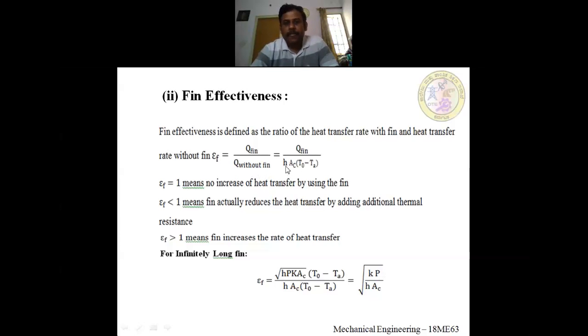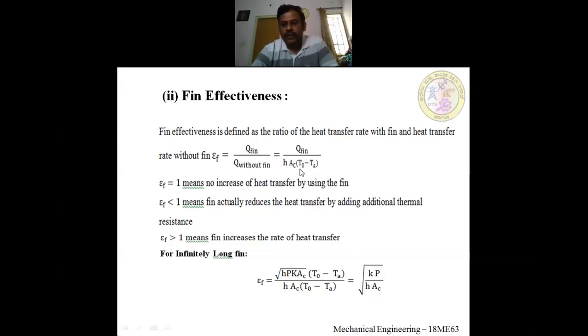The fin attached to the base surface has a cross-section area, which we have taken as AC. Please try to understand: the area of the fin which is attached to the surface is nothing but the cross-section area AC, so h times AC into T naught minus TA.